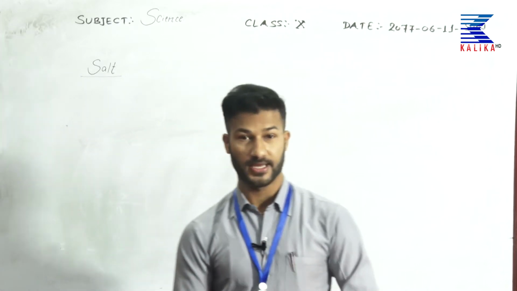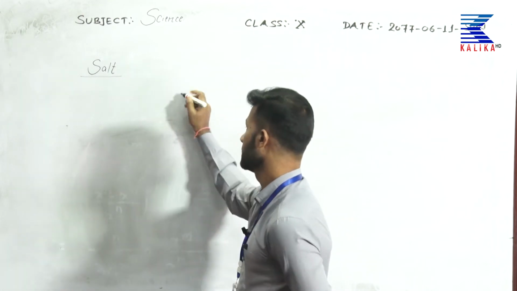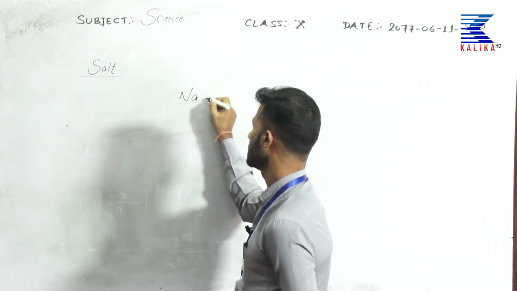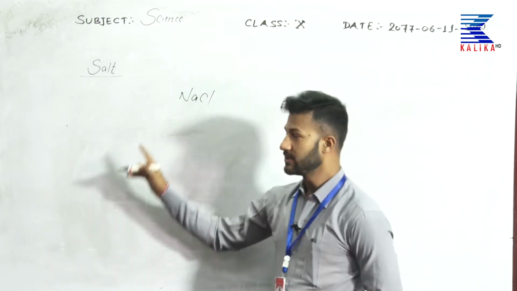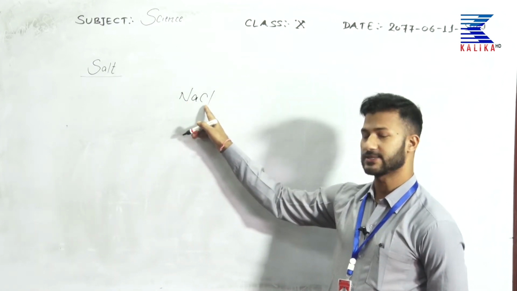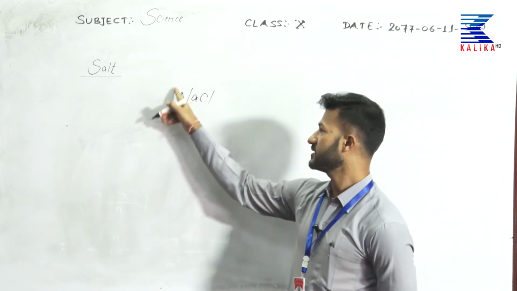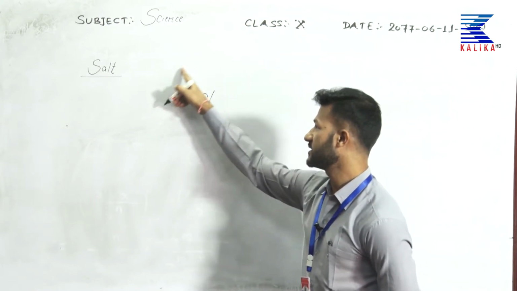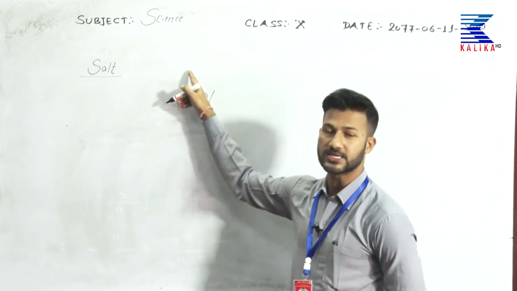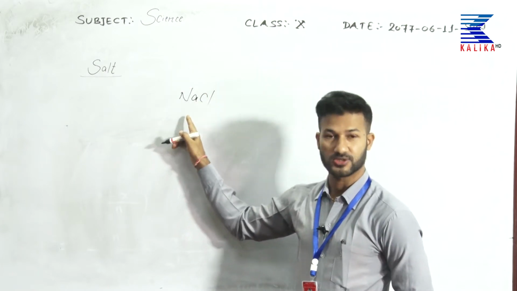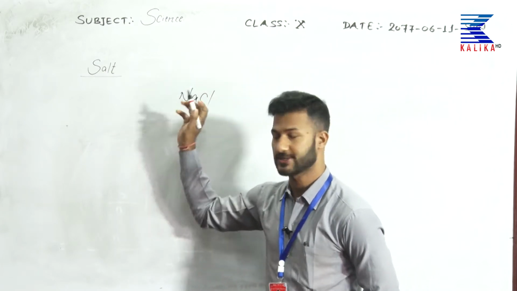Let me take an example here. NaCl. Look at this compound. This is sodium chloride and it is a neutral substance. So, whenever this chemical compound is treated with indicators, no change in color is observed. So, this is one of the salts.